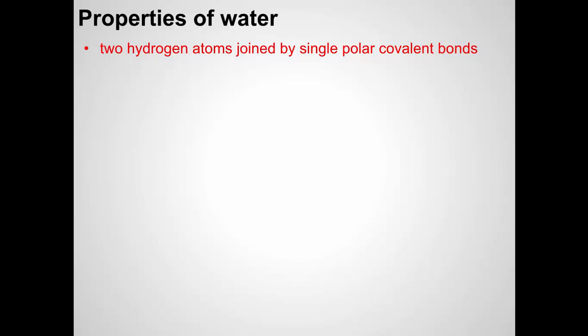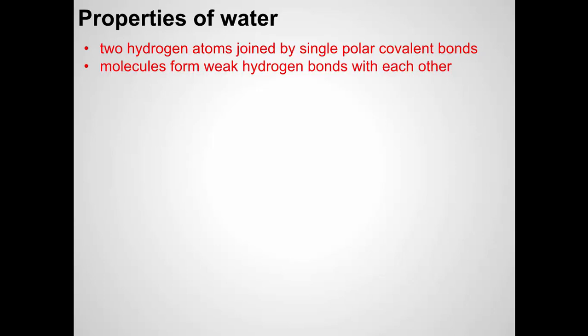Covalent means they're sharing the electron. And that means 2 separate water molecules will form what we call hydrogen bonds with each other. These are relatively weak bonds. They can be broken pretty easily, but they still are there. There's still an attraction between water molecules.